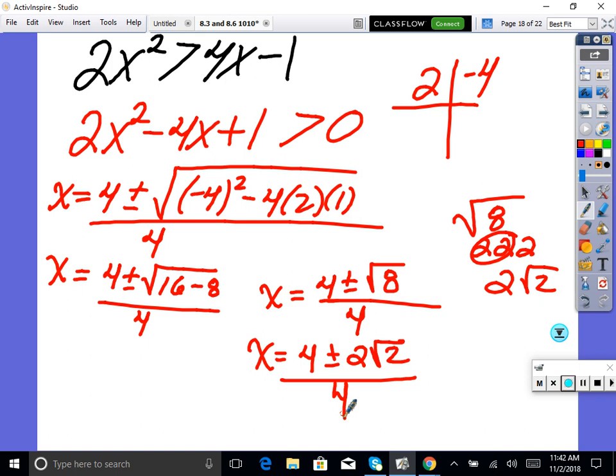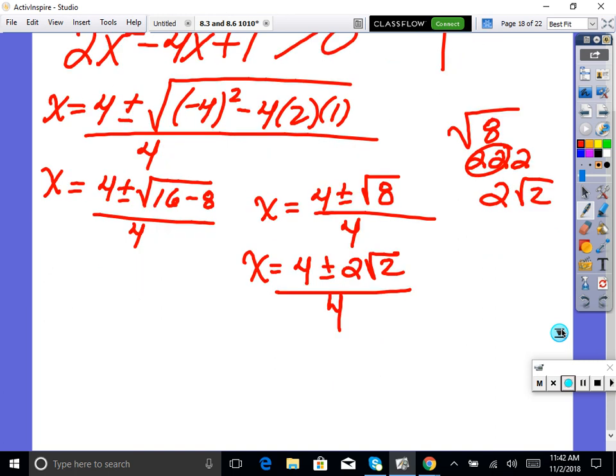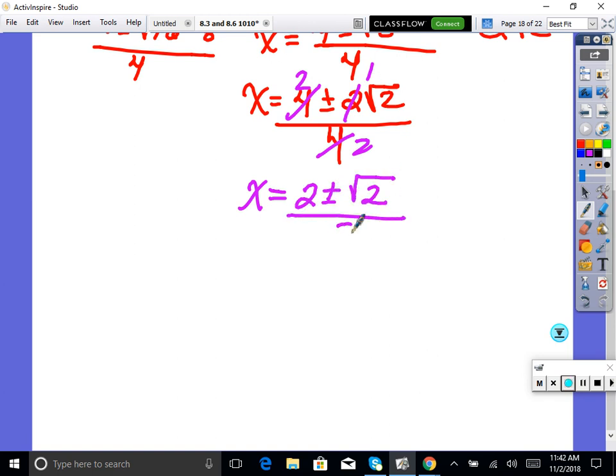Yep, and then we can separate them, or let's hurry and actually divide out a 2 out of all those. But then we will separate them. Okay. Oh man, I'm so glad I thought of that. So we have x is equal to divide by 2, 2, 1. So divide by 2. So then we have 2 plus and minus root 2 all over 2.